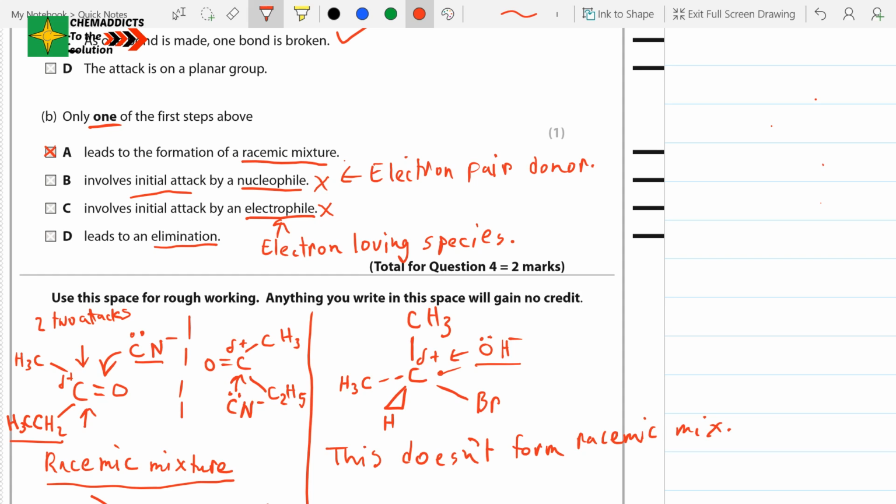Now let us move on to D. Here it says it leads to an elimination. So let us know what is meant by elimination. Elimination is the reaction where HCl or water are formed as byproducts.